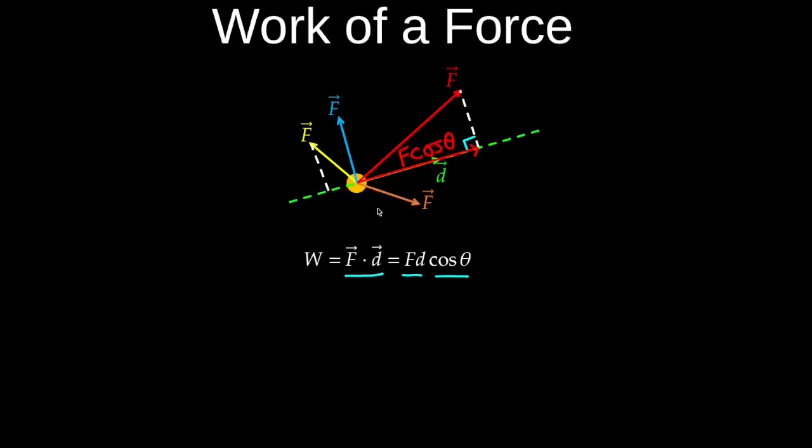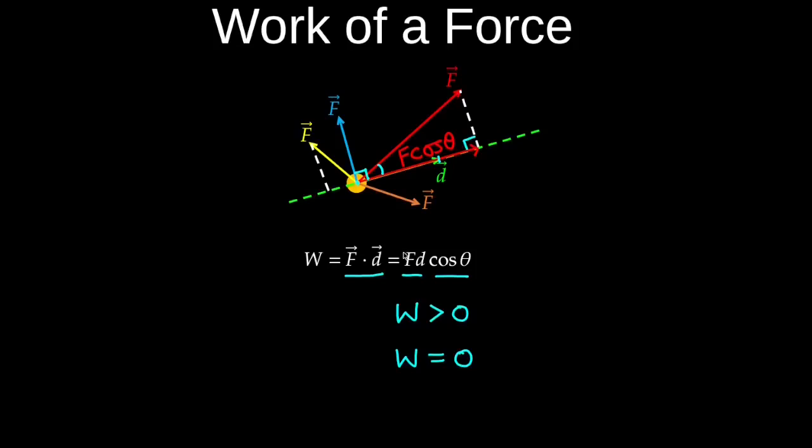So in this case, because the angle between the vectors is acute, the work done by the force is positive. And note that it's the parallel component of the force that does work on the particle to move it over that distance. So as we can see, when the force is perpendicular to the distance vector, the work done by the force is 0, because as you can imagine, when projecting that force onto the distance vector, it's going to be a point.